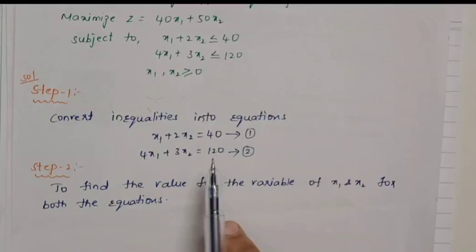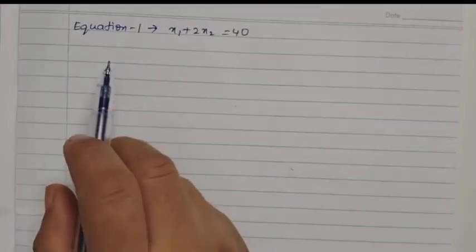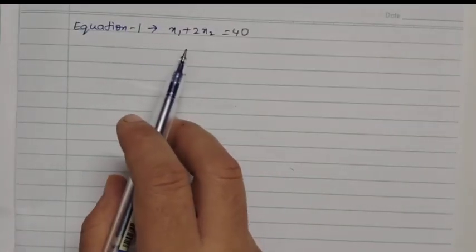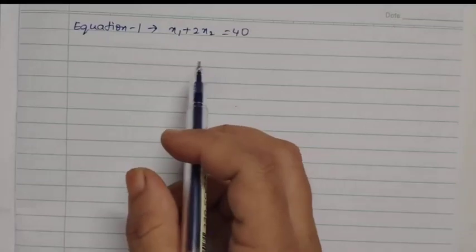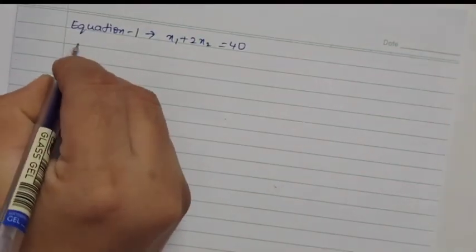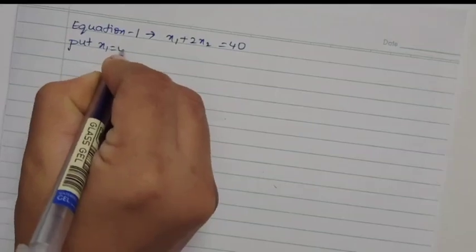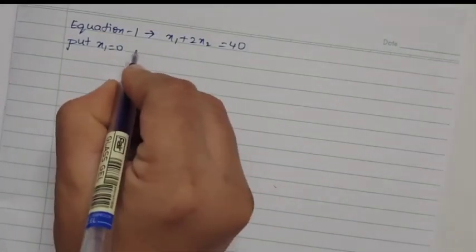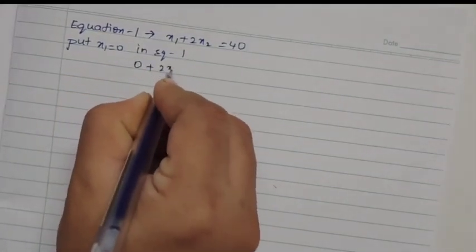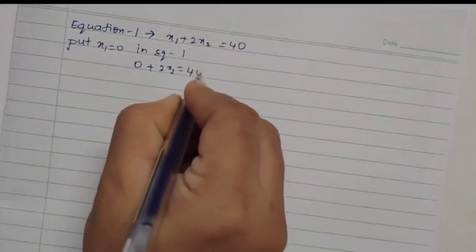This is our equation 1: x1 + 2x2 = 40. We put x1 = 0 in equation 1, replacing here: 0 + 2x2 = 40.